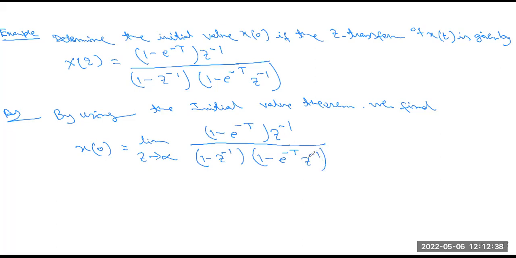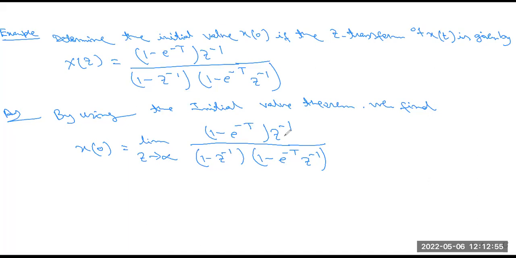Now you have to put in the value, that is z tends to infinity. That means z inverse tends to 0, since the higher level of the value is infinite.